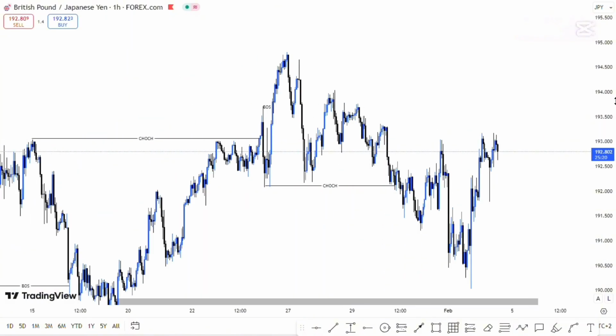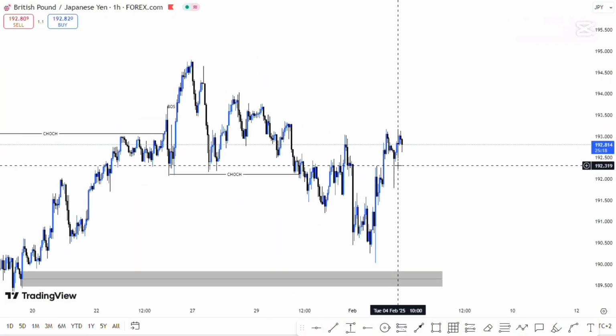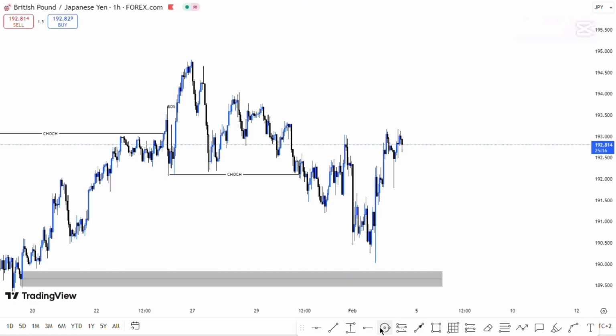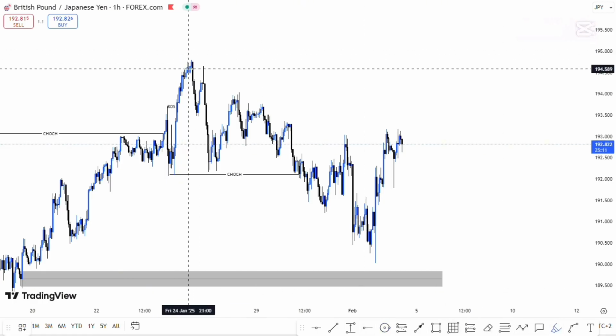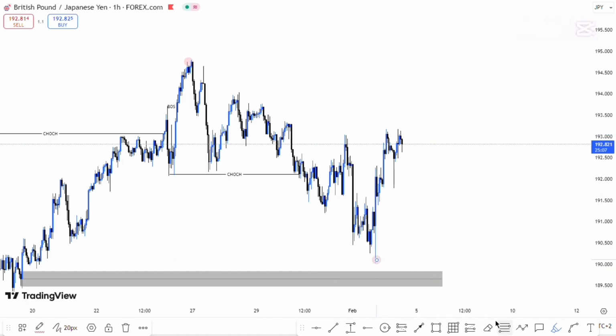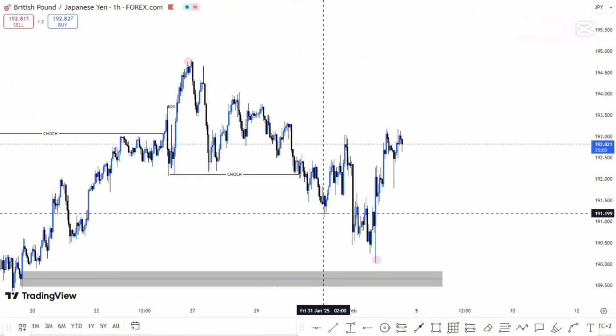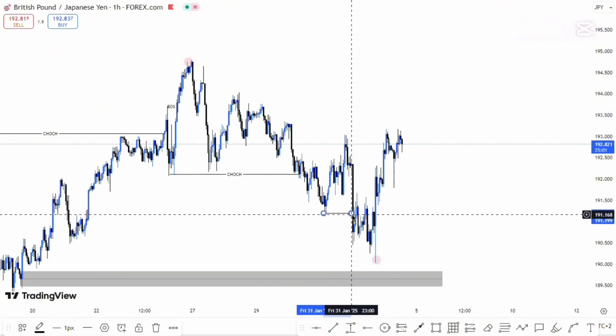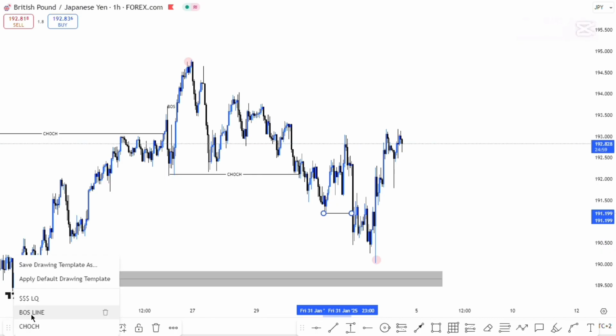And now the origin, and now my trading range is from this high to this low. This is now my trading range, and we also have some break of structure to the downside.